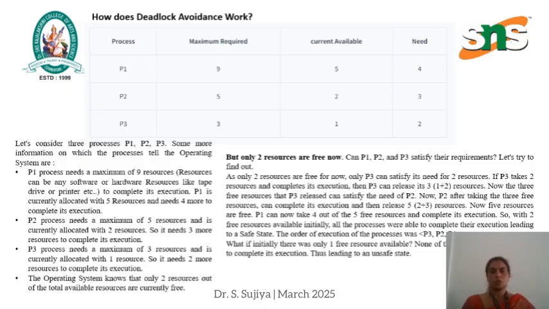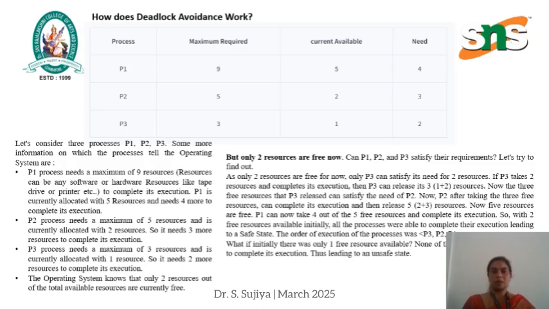So in such a case we have to see which process can proceed. If P3 completes its process with the allocated resources, then these resources will be freed and can be given to the other processes.